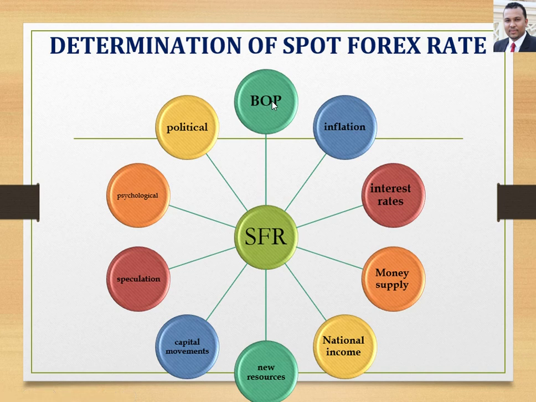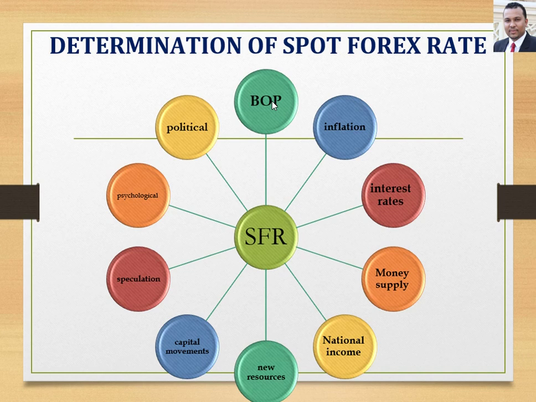It's known that BOP, or balance of payments, is a national record of international economic transactions. We talk about international transactions like exports of goods, exports of services, exports of capital, and the same for imports of goods, imports of capital, and imports of services.